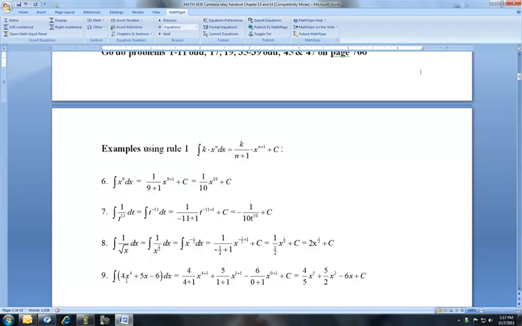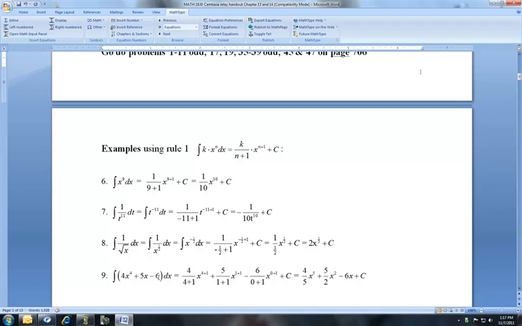Now number 9, I've got 3 different terms. So 4 is my coefficient. I'm going to add 1 to my exponent. So I get my 5 here. This is a repeat because I'm getting back to the original and I'm dividing by what had happened earlier when I multiplied. So my x is understood to be the first power, so I add 1.